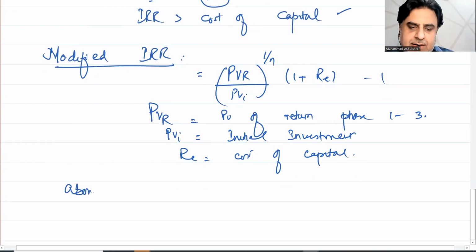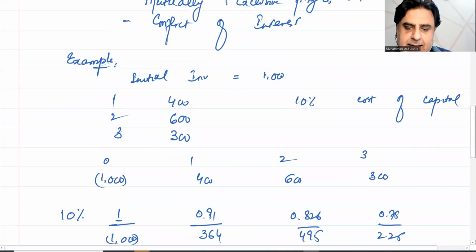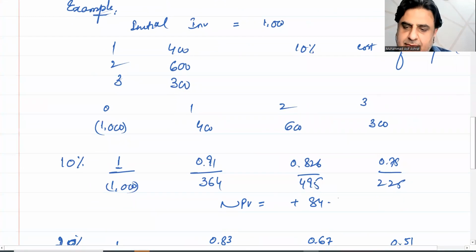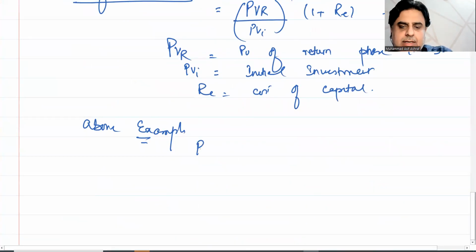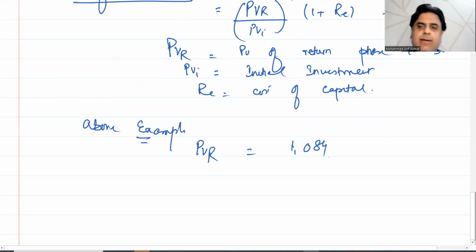If you see the above example, we have NPV at 10%, 84. This means actually, if I add these three, it is almost 1084. So the return phase NPV is 1084. Initial investment value is 1000.